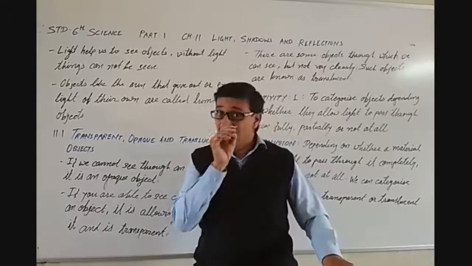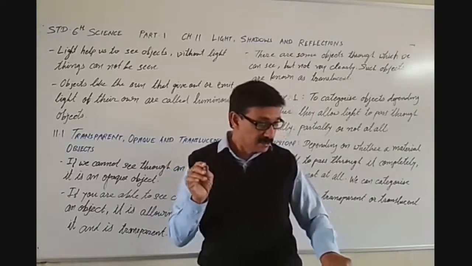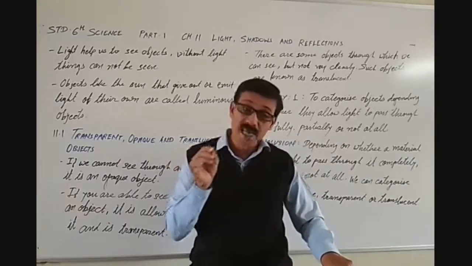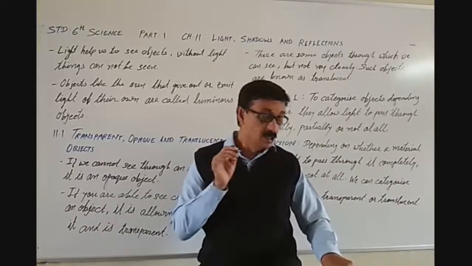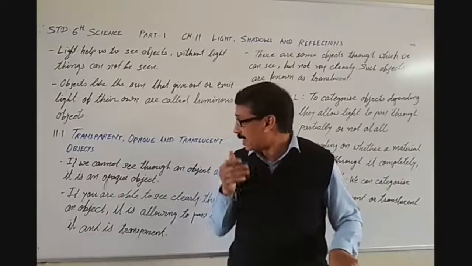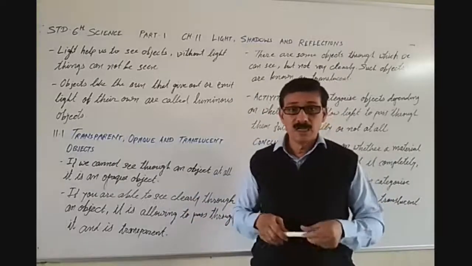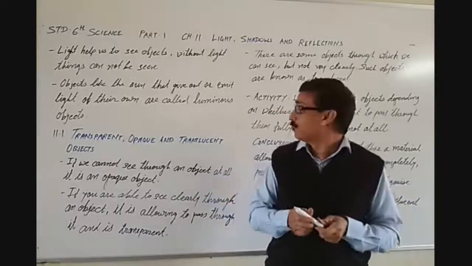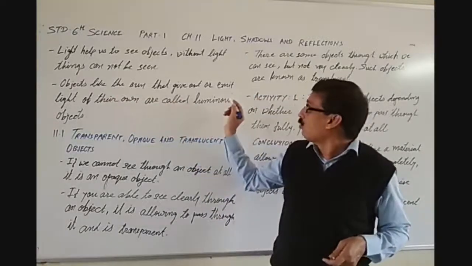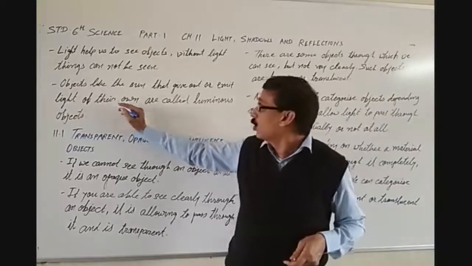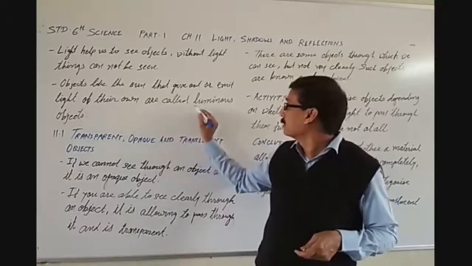So now underline this. Objects like the sun that give out or emit light of their own are called luminous objects.